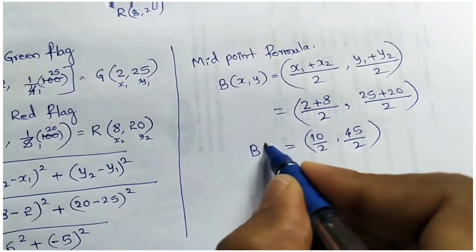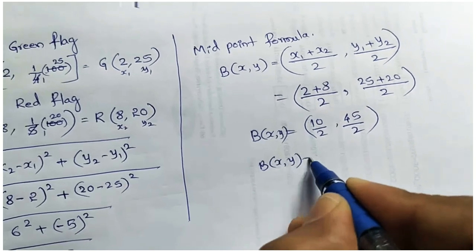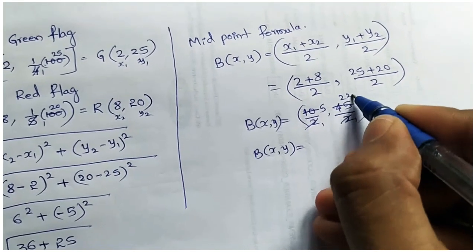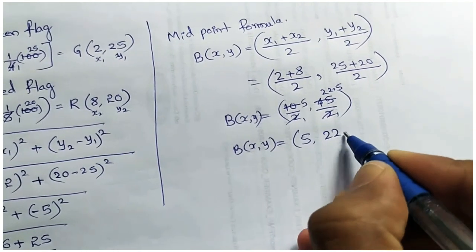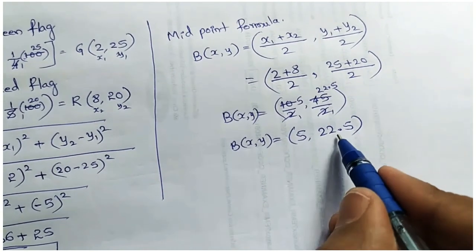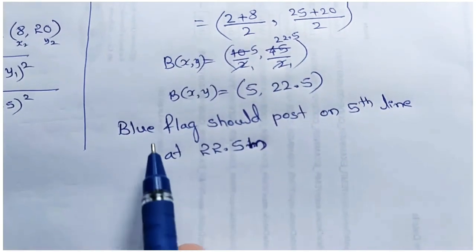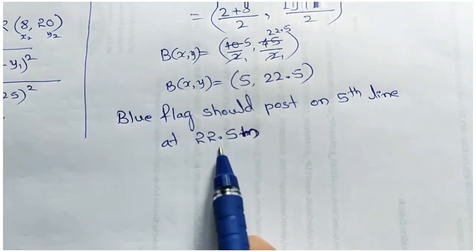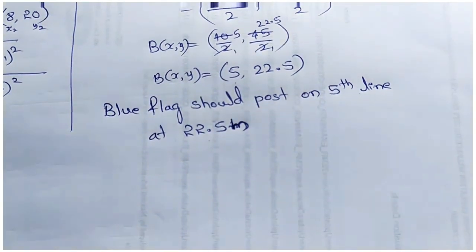So B of x, y we will get here by dividing: 2 ones are 2, 5s are 10. And 45 by 2: 2 twos are 4, 2 twos are 4, and 5. So it will be 5 comma 22.5. The first we took as a line and the second one as a distance. So where does she have to put it? The blue flag should be posted on the fifth line at 22.5 meters. This is our final answer.